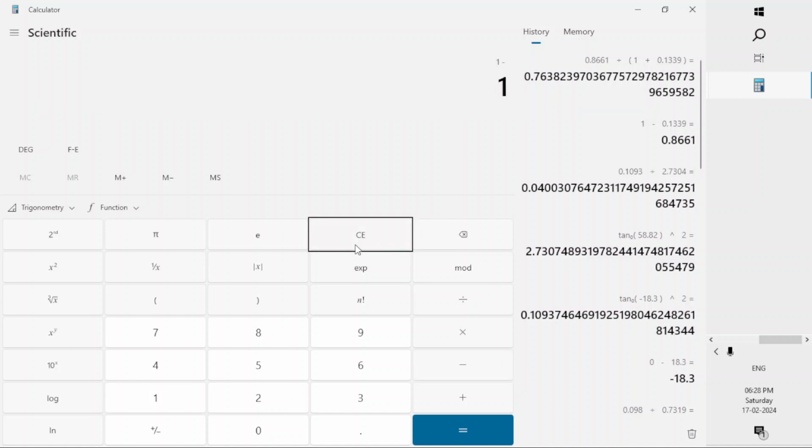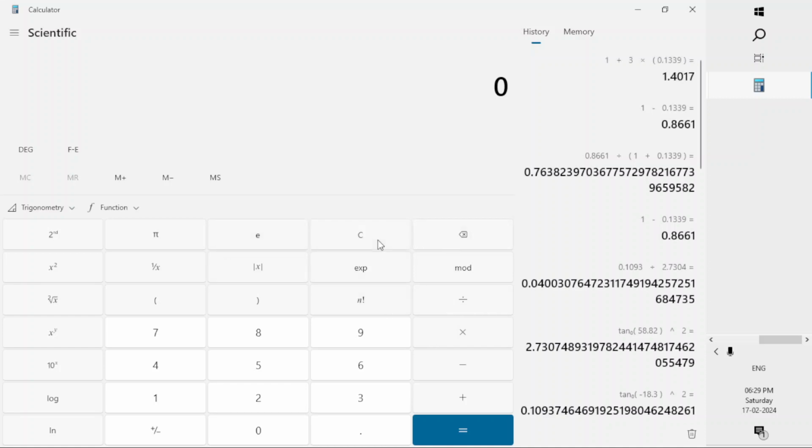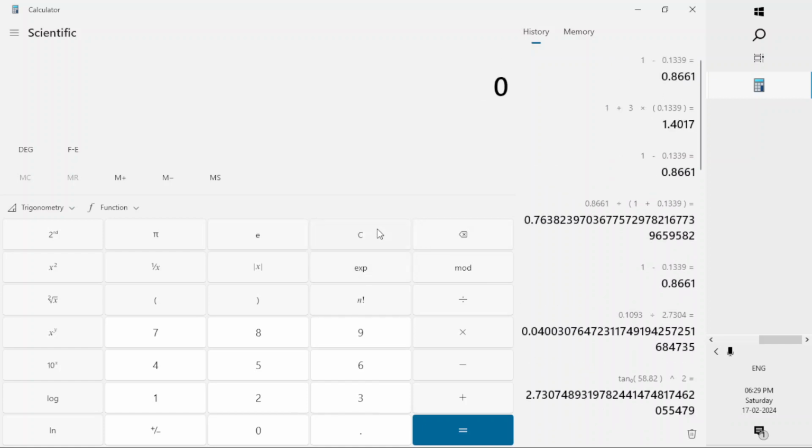Let us just calculate quickly. 1 plus 3 times 0.1339 is 1.4017. 1 minus 0.1339 is 0.8661.